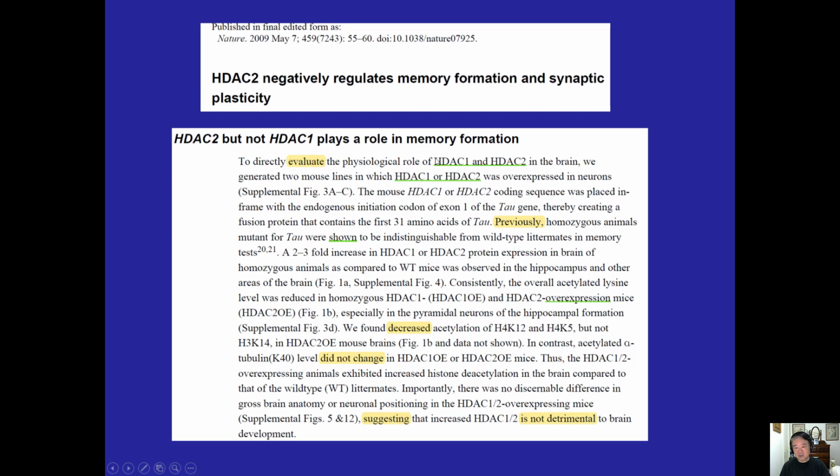You have a leading phrase here: to directly evaluate the role of #1, #2 in the brain. This is a leading sentence. Now you come to this sentence as why you have led this sentence, and then we generated the mouse line in which #1 and #2 was overexpressed. Therefore, this phrase and this sentence are very closely, logically linked together.